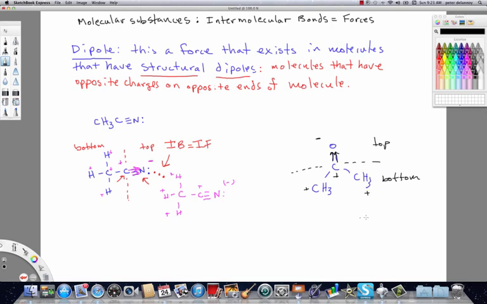So literally, we can have another one of these molecules in close proximity that's going to get lined up with the adjacent molecule in regard to the charges. So we're going to have a slight negative here, slight positives here, partial charges, and this negative is going to be lined up with the adjacent molecule.